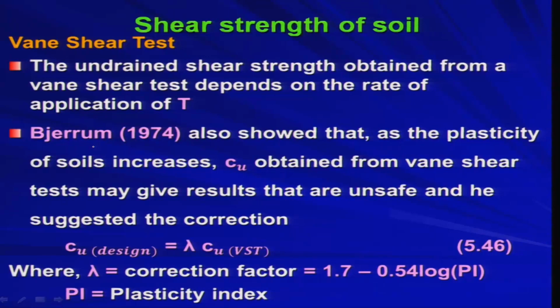Bjerrum in 1974 also showed that as the plasticity of soil increases, Cu obtained from vane shear tests may give results that are unsafe, and he suggested a correction. You know the parameter by which you can determine that plasticity of soil is increasing: the plasticity index, which you have seen earlier.